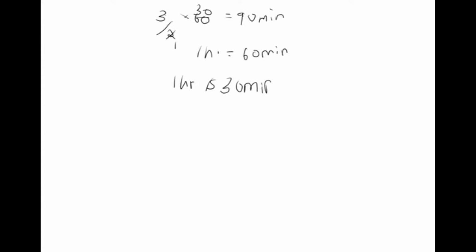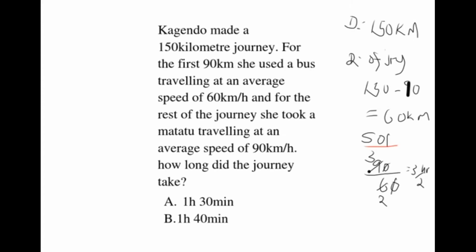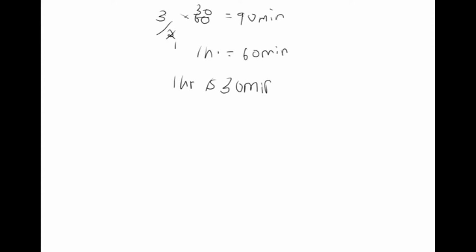Then we move on to the other part of the question. The rest of the journey. She took a matatu traveling at an average speed of 90 kilometers per hour. The remaining distance was 60. Therefore, we divide 60 by 90. 0 will cancel 0.